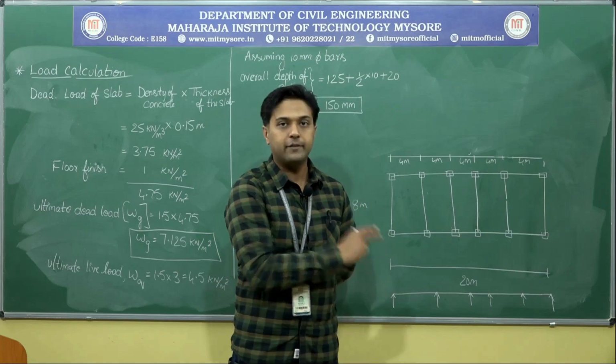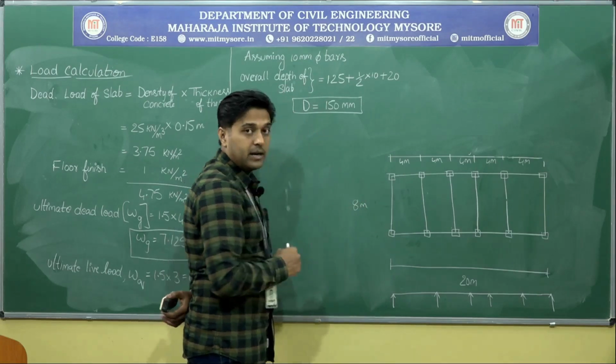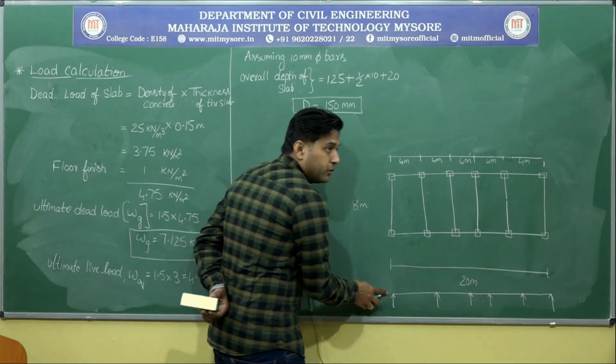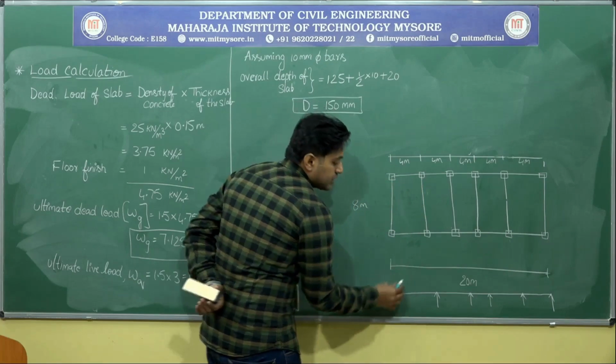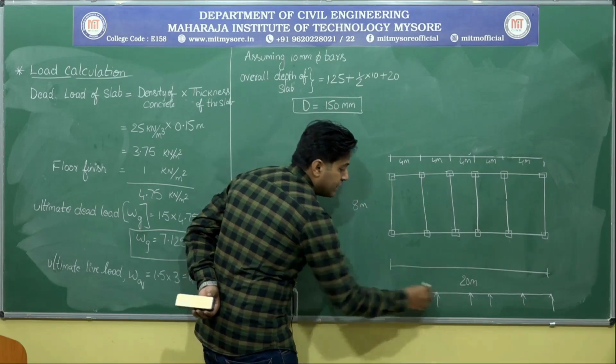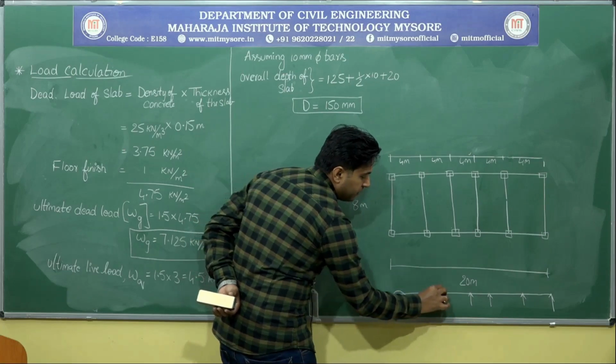Actually they are 4 meter center to center. Now observe. I think you people know the deflection pattern. As it is a continuous beam, don't you think the pattern will be like this?